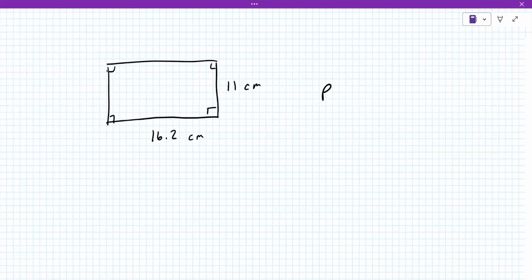Will you calculate the perimeter? Perimeter is the addition of the two. Well, you've got to go all the way around, so you'd add 11 plus 11 and 16.2 plus 16.2, and then add those two together. Yes. Okay.